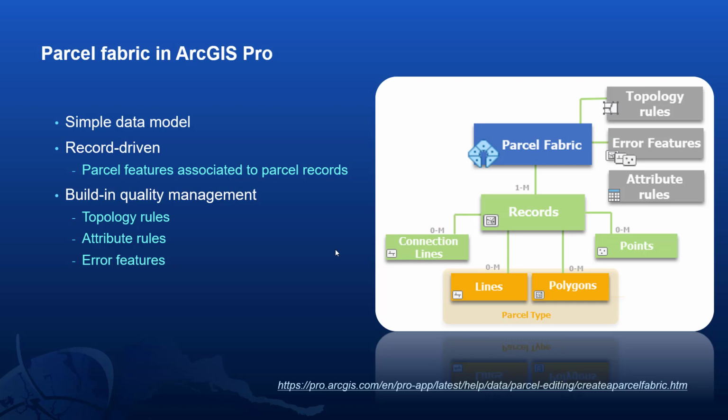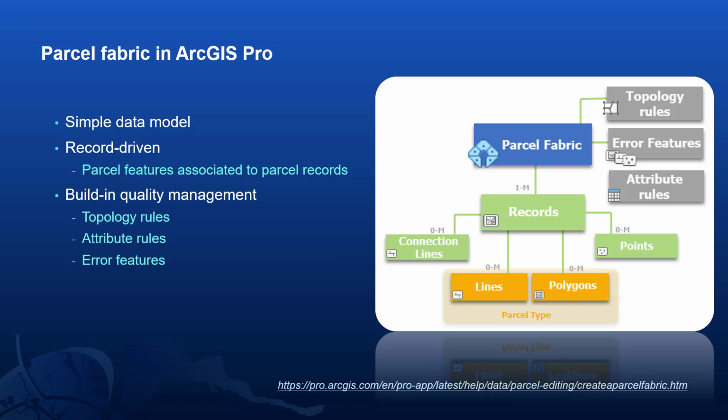The behavior of parcels can be managed and the quality maintained by using two engines. One is the topology engine that looks after the relationships between geometries, and the other one is a new framework called attribute rules that can do both attribute validation as well as attributes and geometry, because it has access to the Esri functionality.